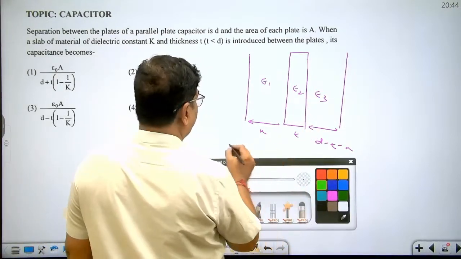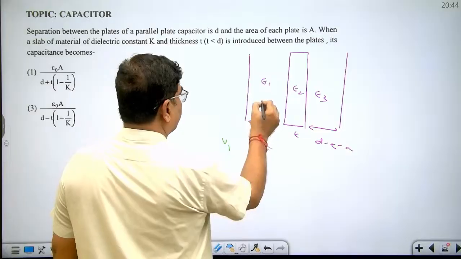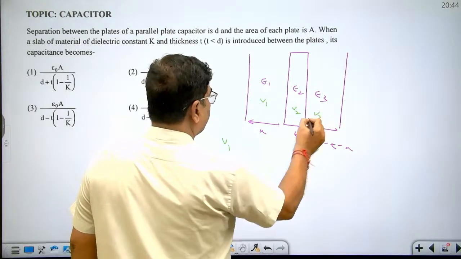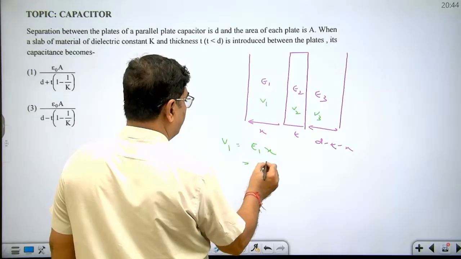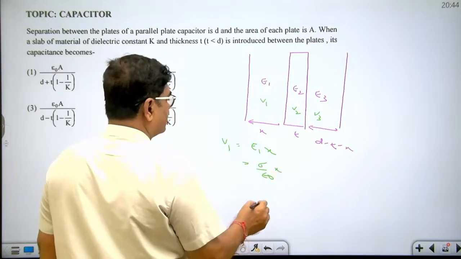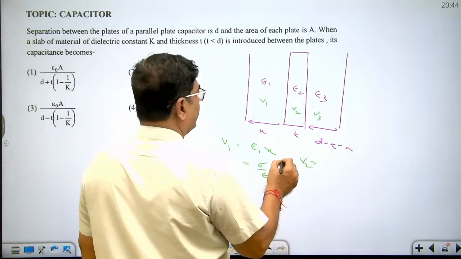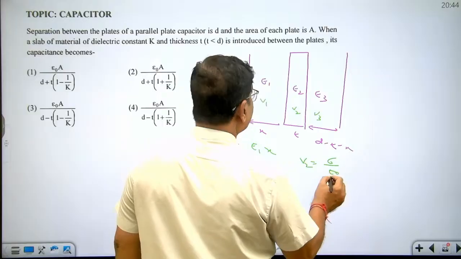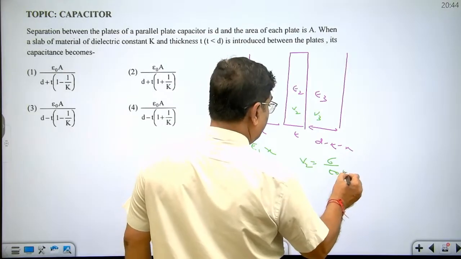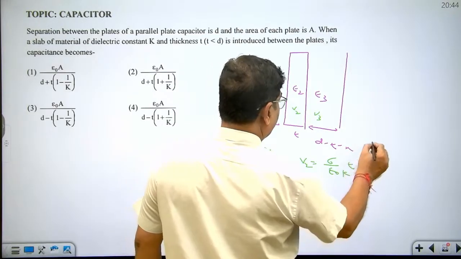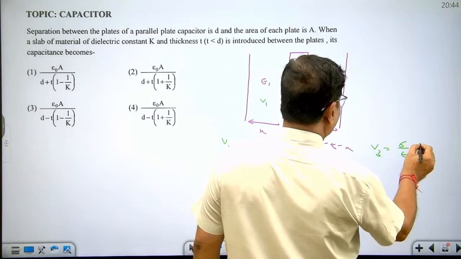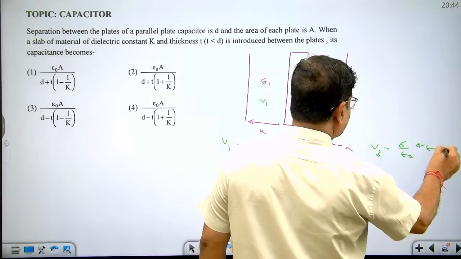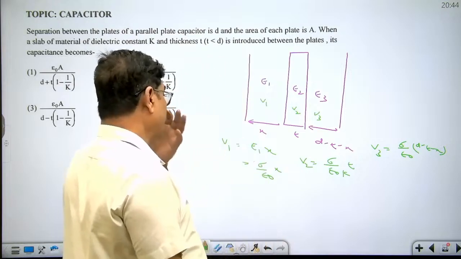So dear student, the potential difference here is V1, here V2, here V3. V1 is E1 into X, and E1 is sigma upon epsilon 0. What is V2 here? E2 into T, and E2 is sigma upon epsilon 0 K. And V3 is again sigma upon epsilon 0 into D minus T minus X. So what is the potential difference?